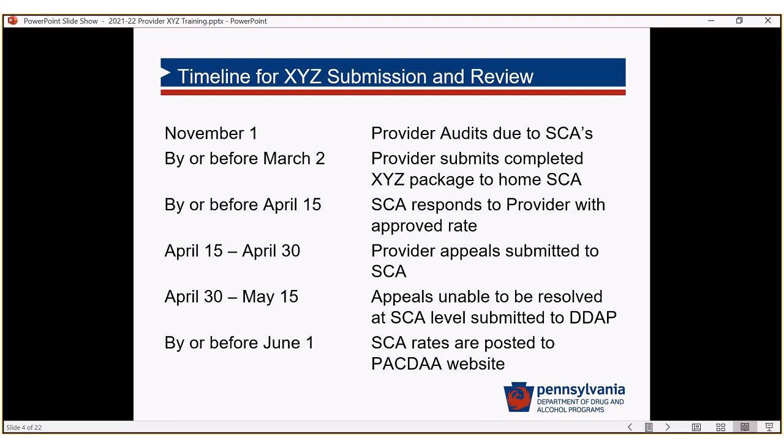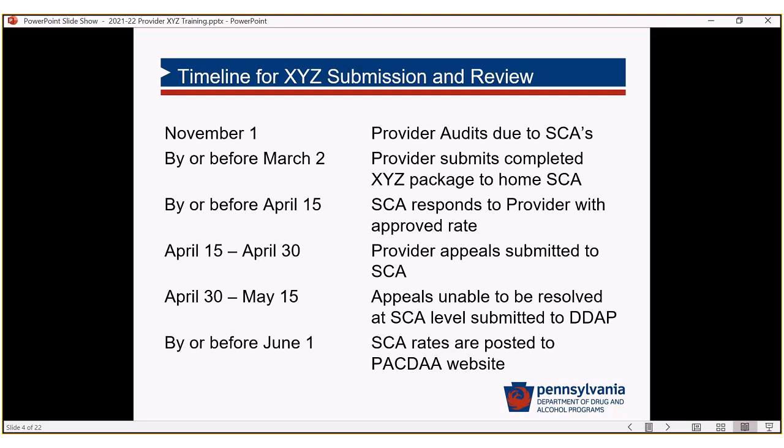And we're very thankful to PACTA that they house the rate setting information on their webpage along with all of the materials. That makes for a nice place for all of the SCAs and providers to be able to go to get the information and reference the actual rates.